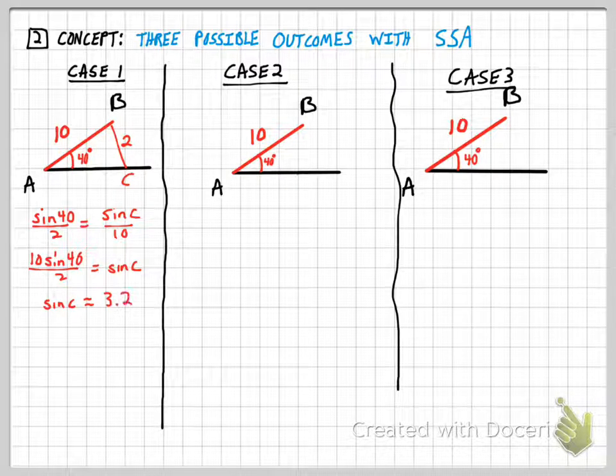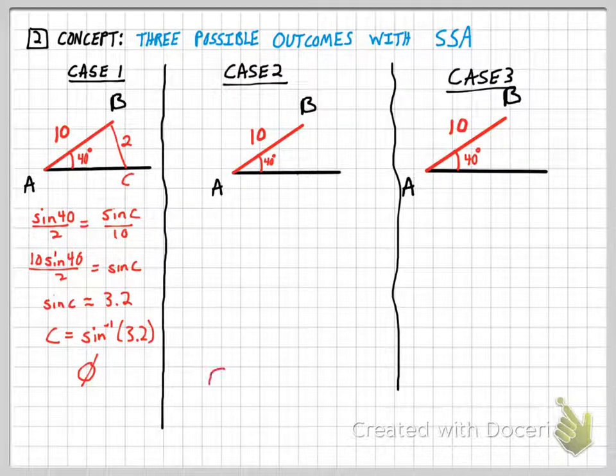To find the value of angle C, you would have to do the inverse sine of 3.2, and hopefully you'd recognize right away that there's a problem. There is no such angle whose sine is 3.2, so there's no solution.